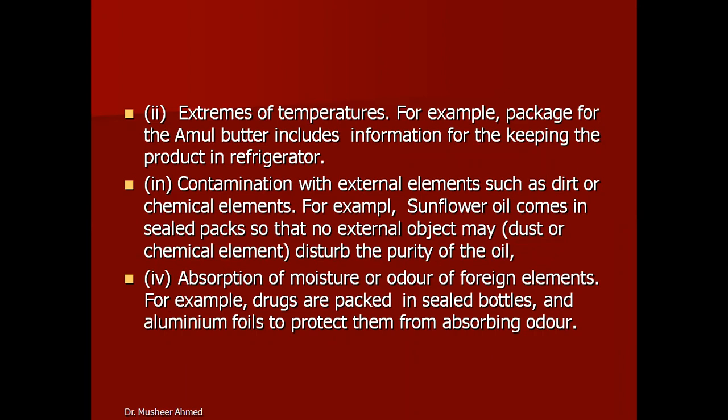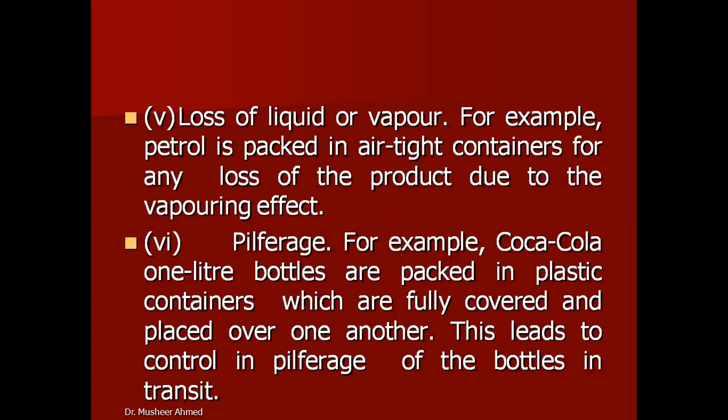There are certain cases in which moisture can get absorbed by the product and product gets spoiled. For example, drugs are usually packed in sealed bottles or aluminum foils in order to provide them protection against any kind of moisture, right? Because if they absorb moisture, then it will be of no use, right? So these are the certain kinds of protection which is being provided by the package to the products.